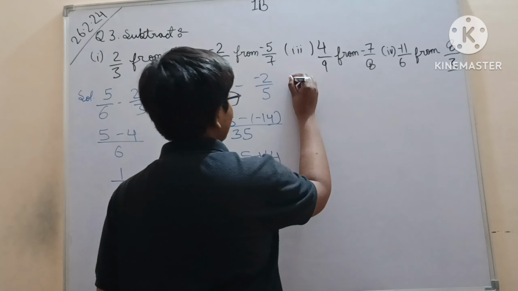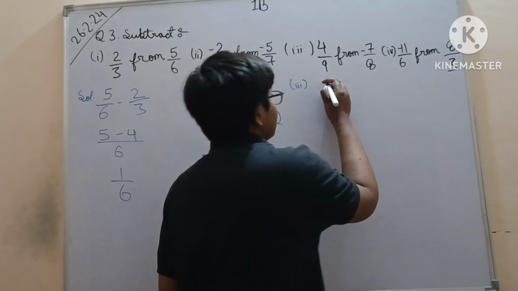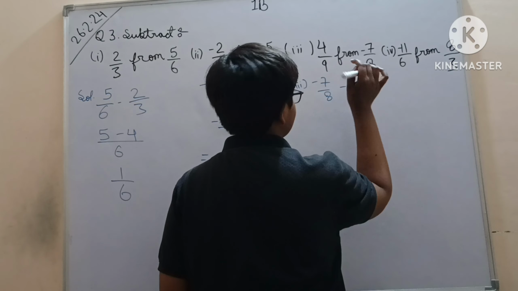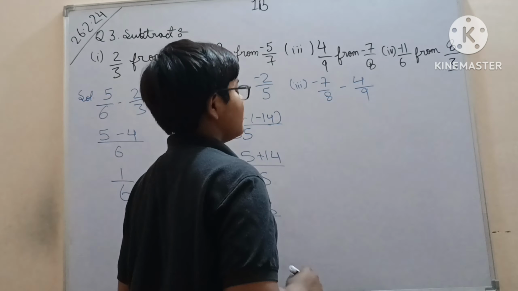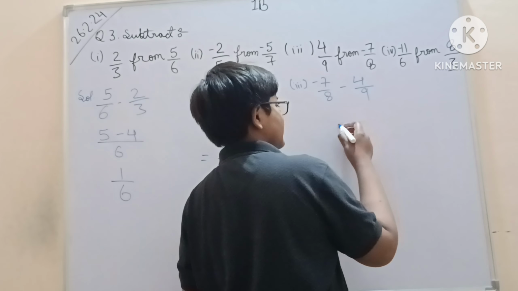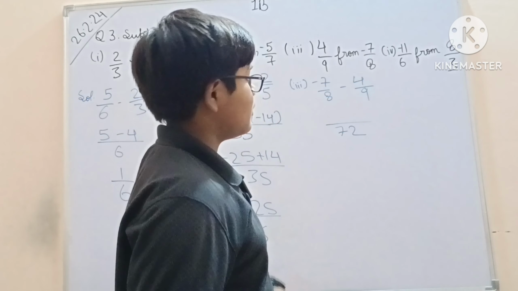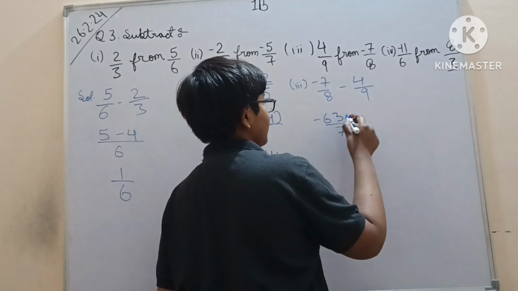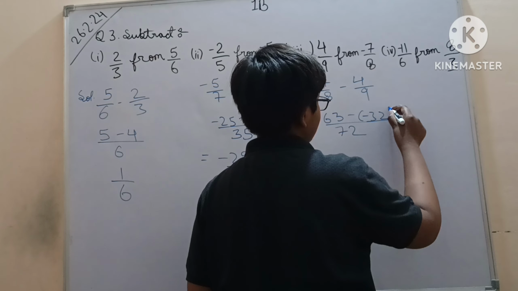Now we are moving to the third part. We have to subtract 4 divided by 9 from minus 7 divided by 8. So now we will again take the LCM as 72, the multiplication of these two numbers, for making the calculation easier. 9 7s are 63, which will be minus 63. 8 4s are 32, which will be minus 32.